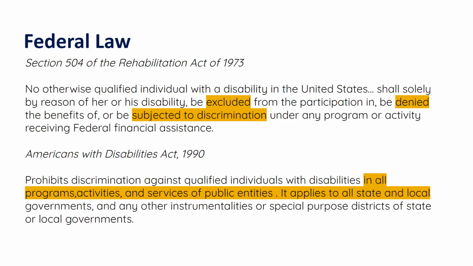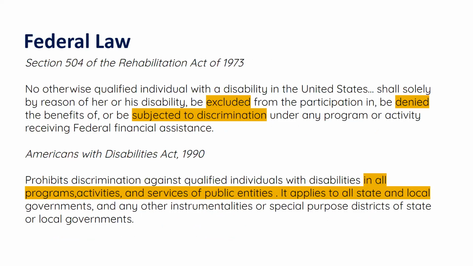So federal law under Section 504 states that a student should never be excluded or denied benefits of the educational programming subject to discrimination. So we want to remember that we have to look at a denial of physical education if our team discussed that the student couldn't access that physical education class as we have it laid out.